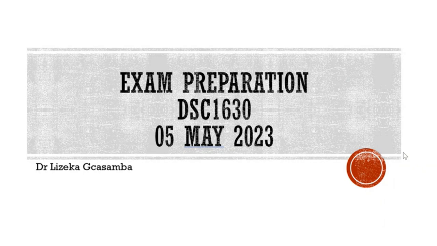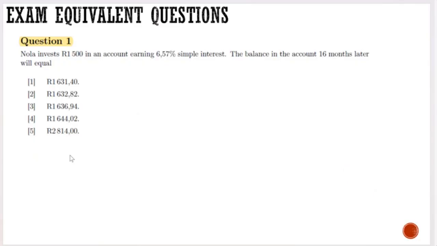I'll take you through some examples on each of the topics, and also some of the questions related to annuities, amortization, and bonds. If we have time, we'll do data handling, but I've put that one last in case we don't reach there.